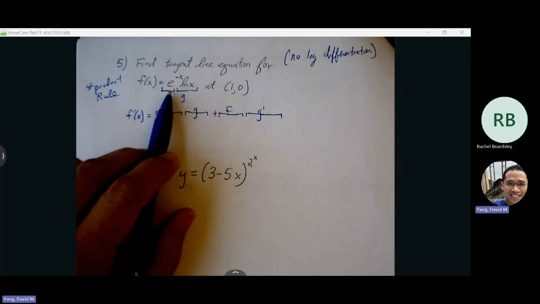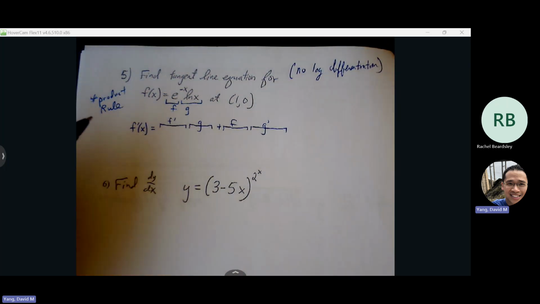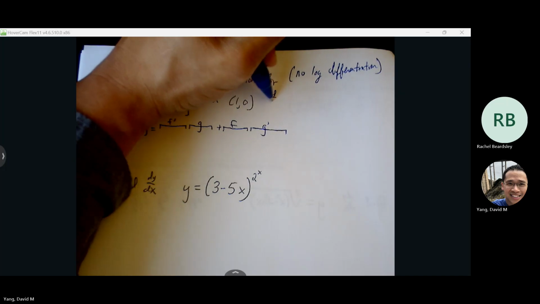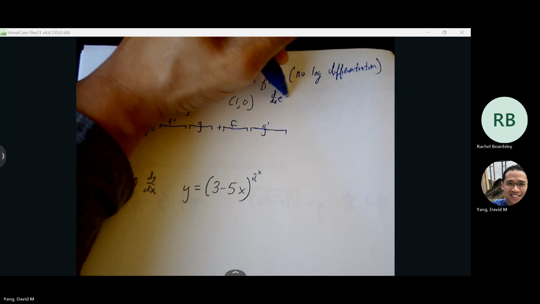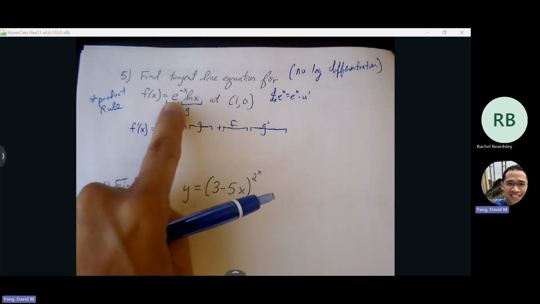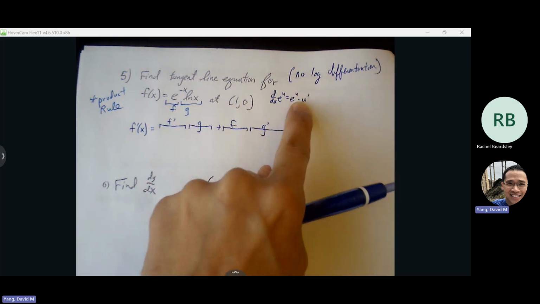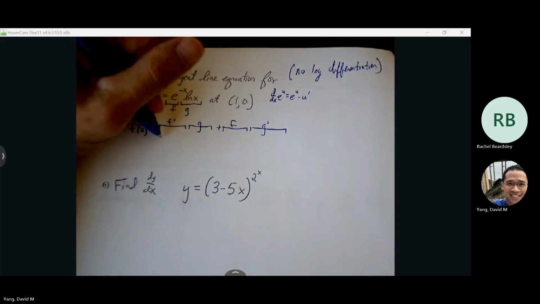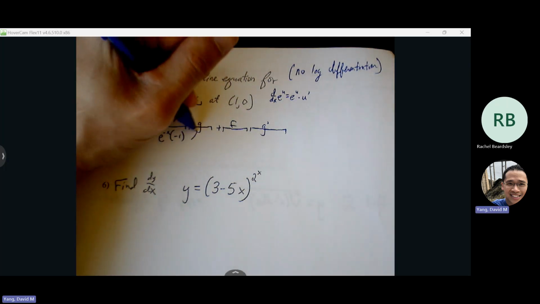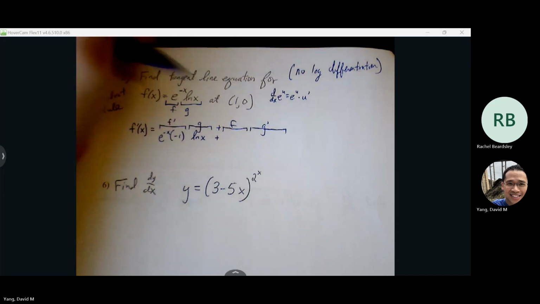Okay, remember the rule for e to the u is e to the u times u prime. So that's just e to the negative x times negative 1. g function stays. f stays.